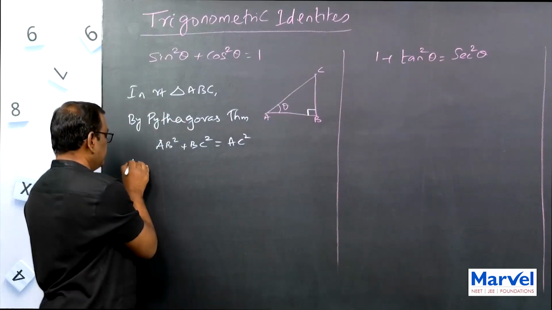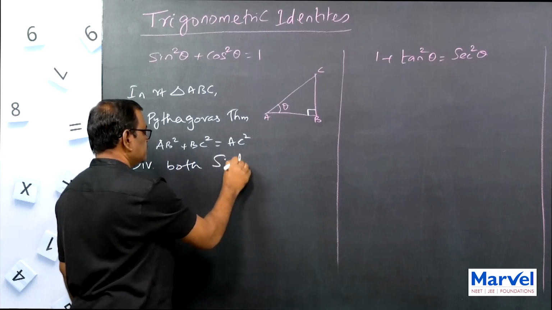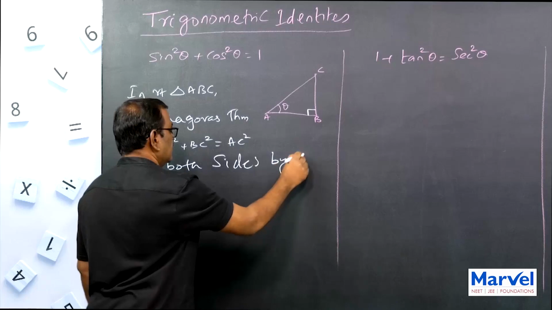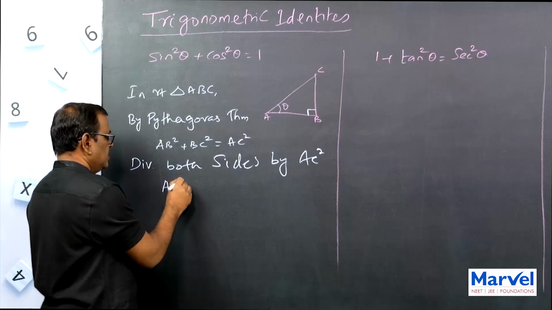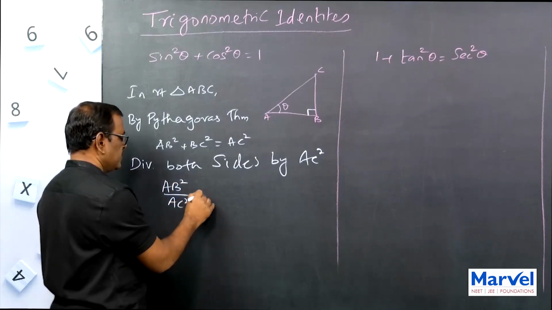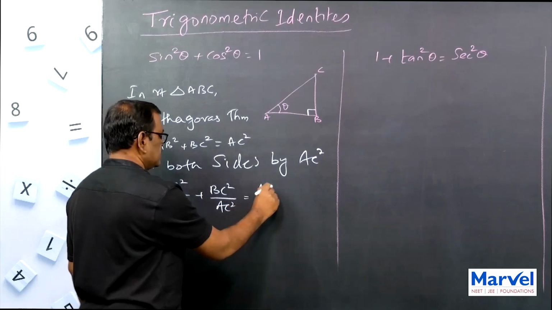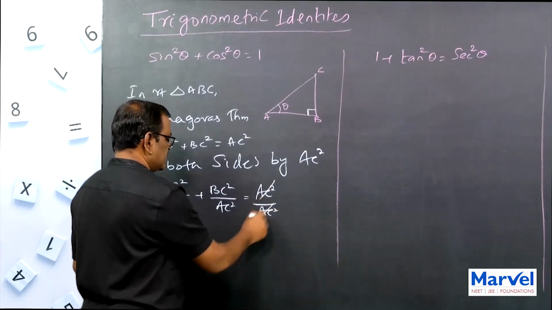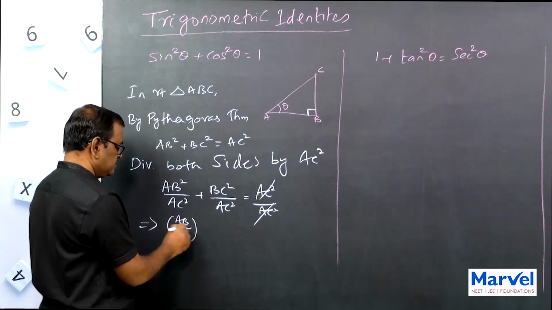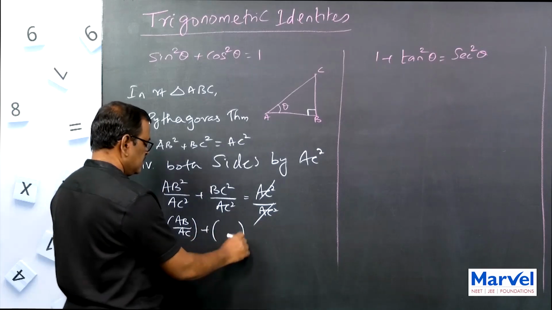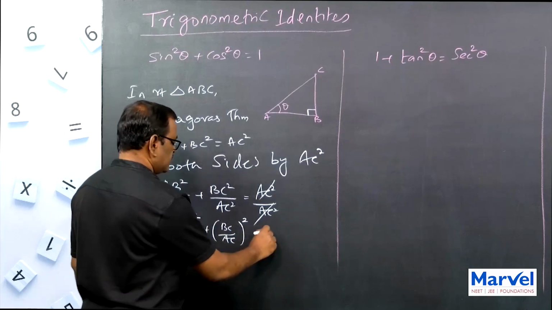Now dividing both sides by AC square, this expression becomes AB square by AC square plus BC square by AC square equal to AC square by AC square. These two get cancelled. This is (AB by AC) whole square plus (BC by AC) whole square equal to 1.